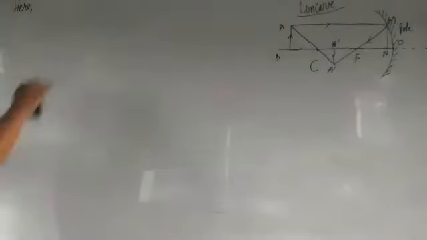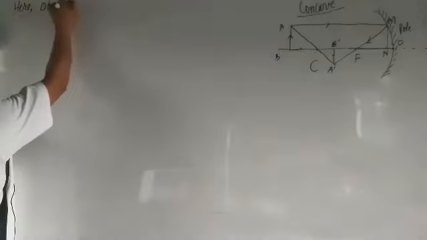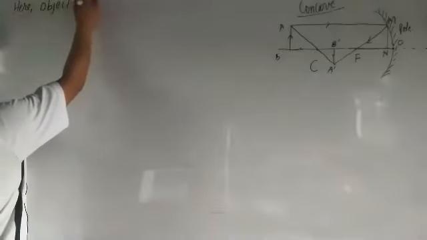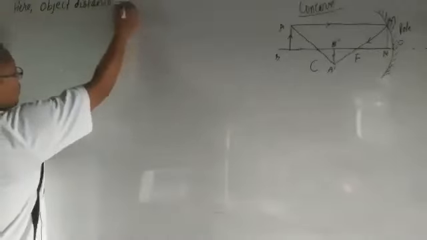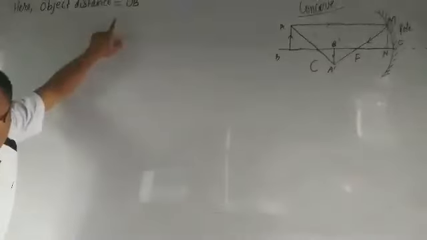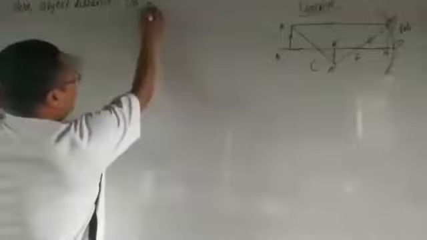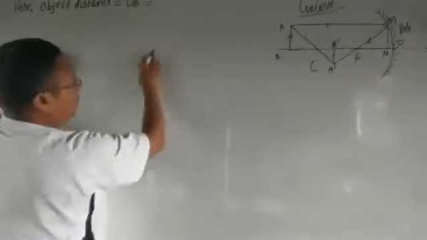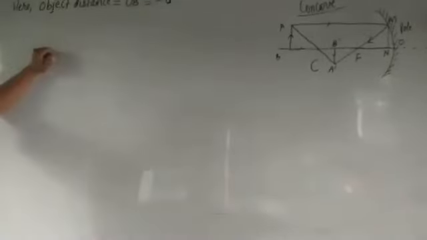Let me write it in words: object distance equal to OB. I hope it is visible. So OB, the object distance, is usually represented by U. So U represents object distance.